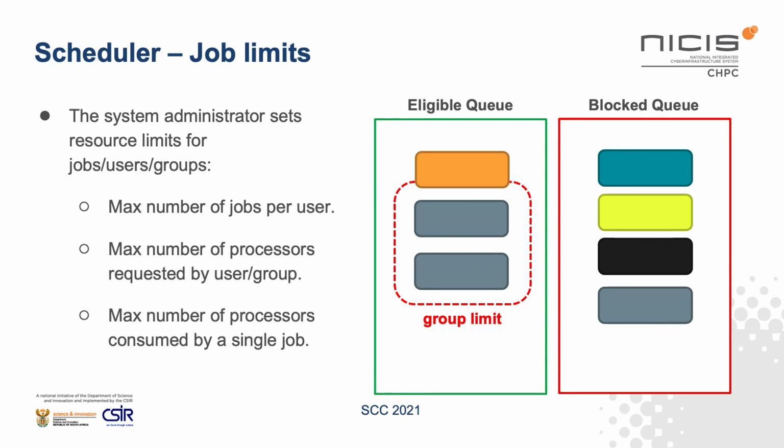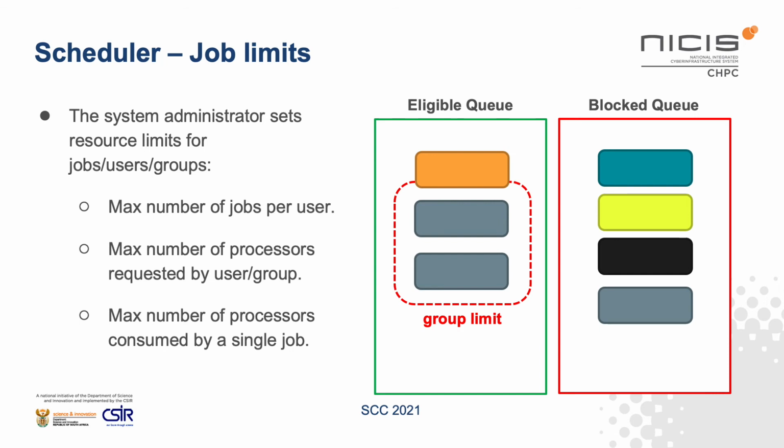Another task of schedulers is to enforce the resource limits set by the system administrator. Common limits include the maximum number of jobs a single user can submit, the maximum number of CPUs a single user or group can request on the system, or even the maximum number of CPUs that a single job can consume.